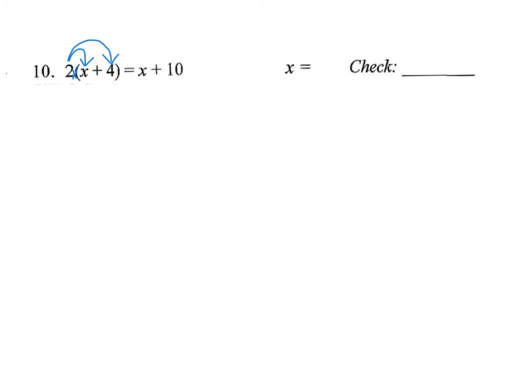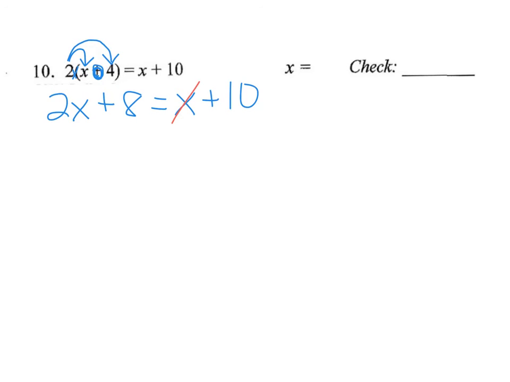So we're going to rewrite this. So it's 2x, because it's 2 times x, plus 2 times 4. Well, that's 8. And then equals x plus 10. So now we're going to do our trick. If you've made this using your tools, you absolutely may.